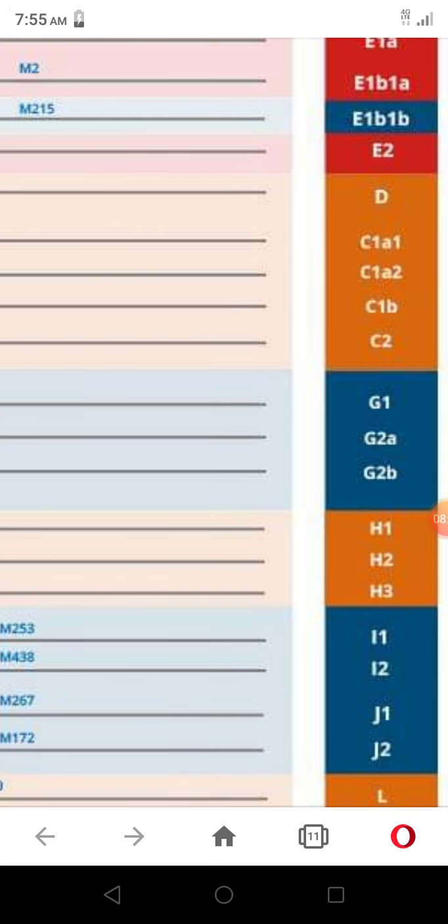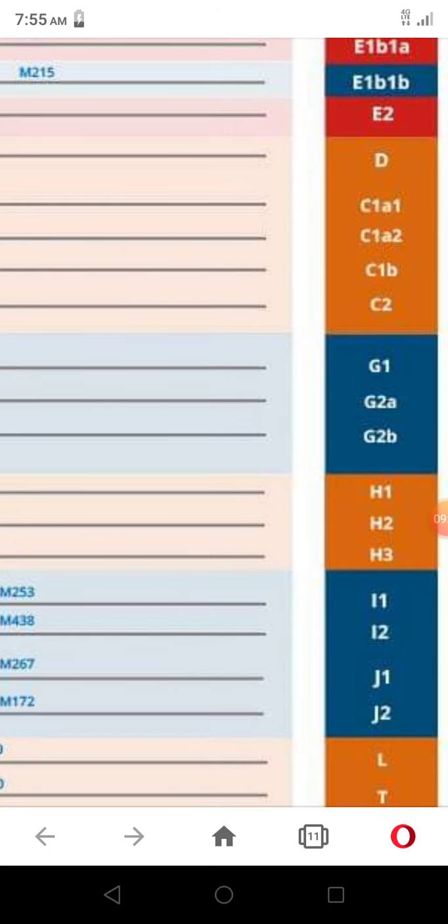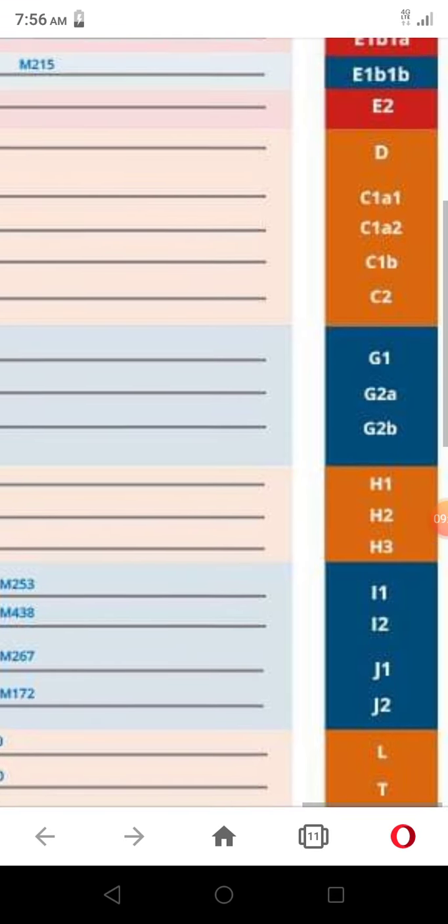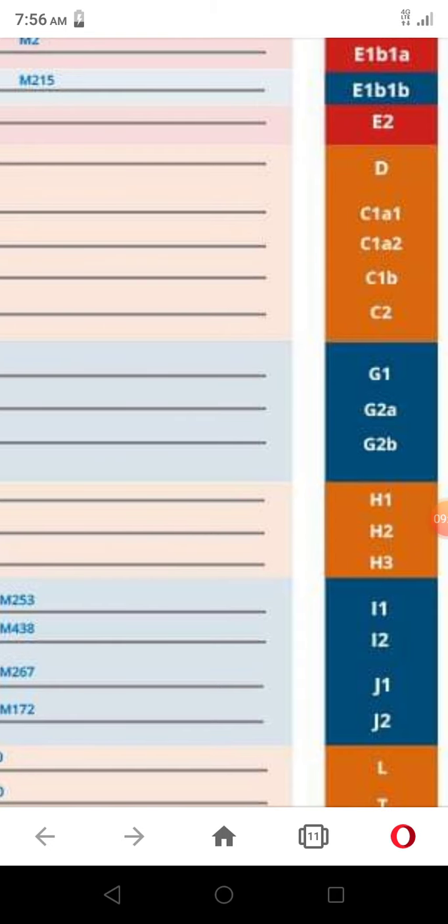And E2 would be your Shemitic Midianites. D would be your Shemitic Ammonites. The C group would be your Shemitic Moabites. So your C would be dealing with your Aboriginal Australian people.